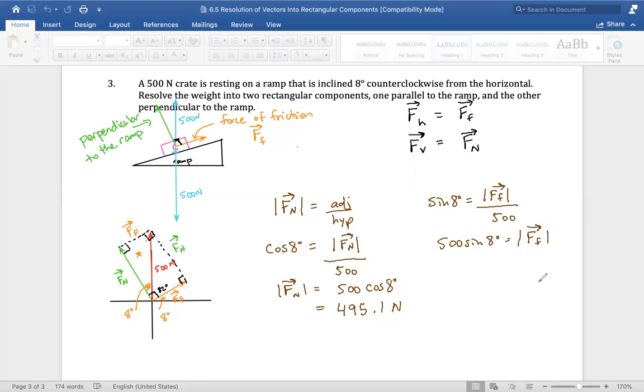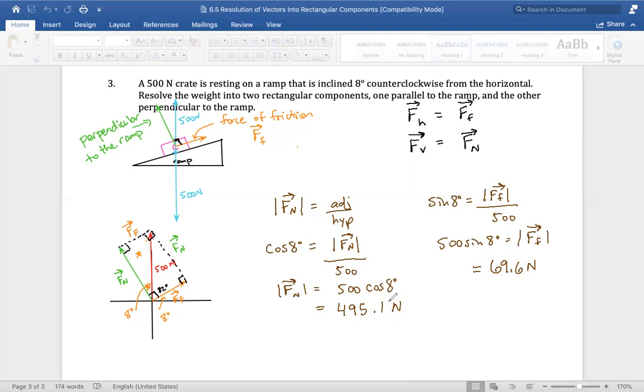So 500 times sine of 8 degrees, I have 69.6 newtons. And you can also see that the orange vector, the friction vector, is shorter than the normal force vector. The friction vector here is smaller in value than my normal force vector, my perpendicular vector.